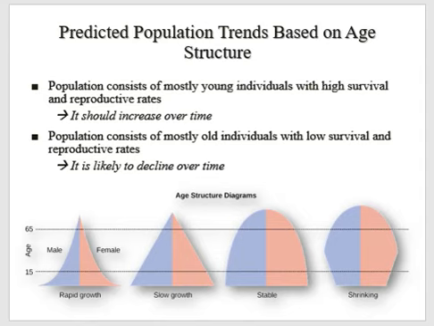If you, on the other hand, looked at a population that was comprised mostly of older individuals, a lot of times older individuals have lower survival and reproductive rates, it's likely that that population will decline over time because you do not have a sufficient foundation or stand of reproductive potential to maintain the stability of that population, so a stable number of individuals to bring in offspring that will replace individuals that are lost in time, or there's not enough individuals in general to create a high enough birth rate that brings in offspring.